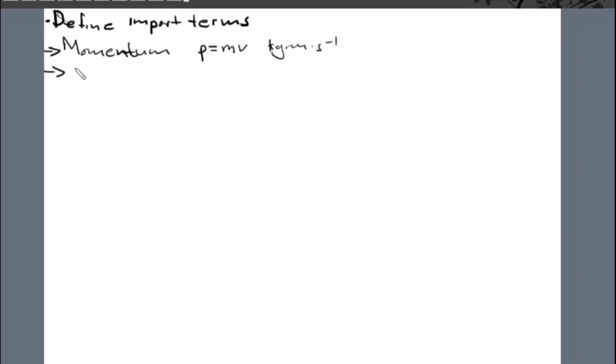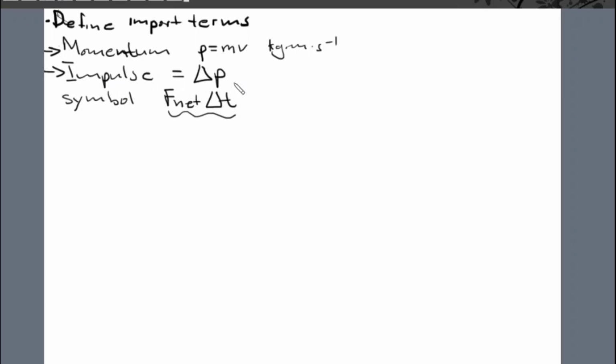And then we define impulse. Impulse is the net force exerted on an object multiplied by the time that force is exerted. But then we're saying impulse is equal to the change in momentum.